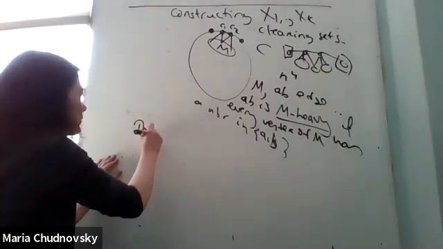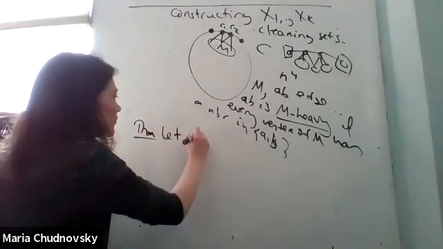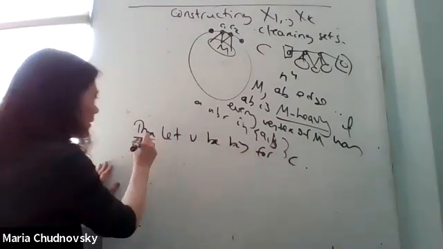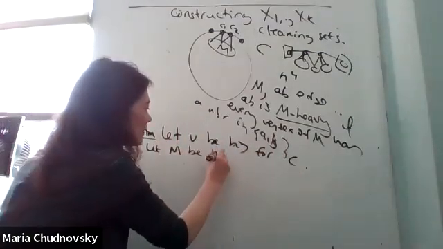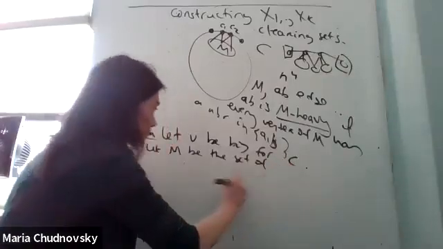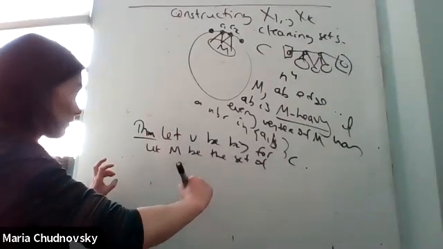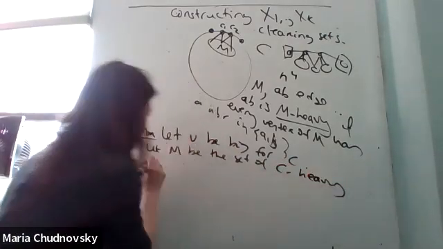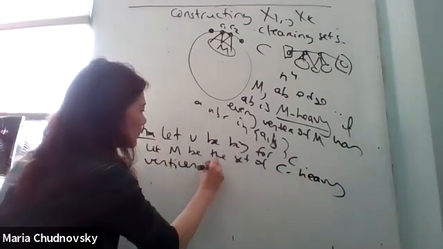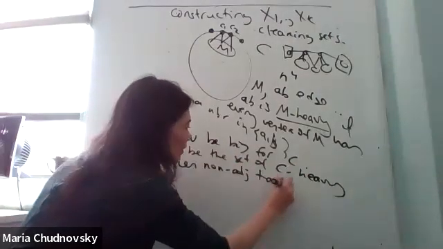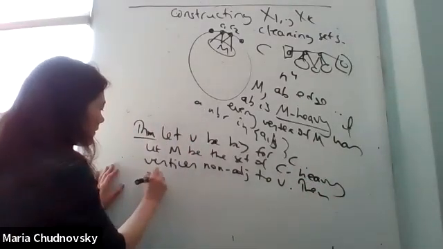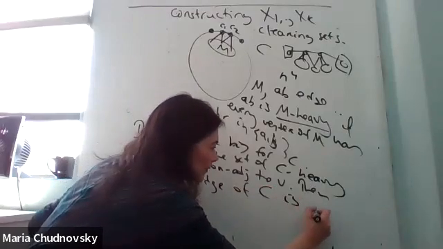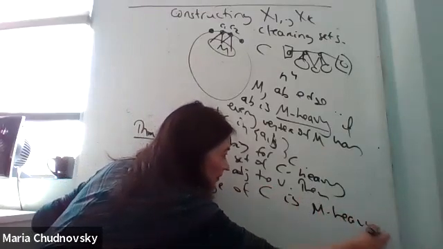So theorem: let V be big for C, and let M be the set of big vertices non-adjacent to V, then some edge of C is M heavy.